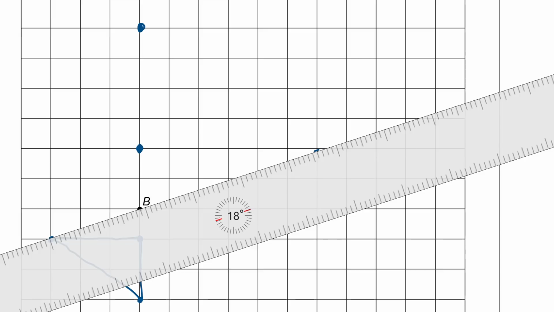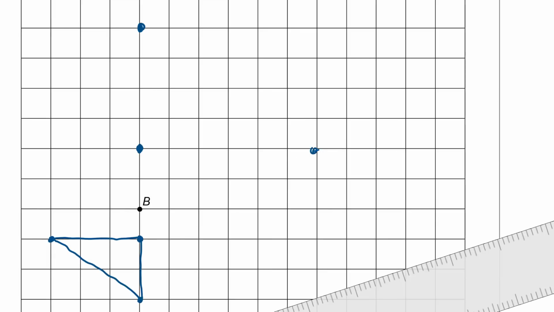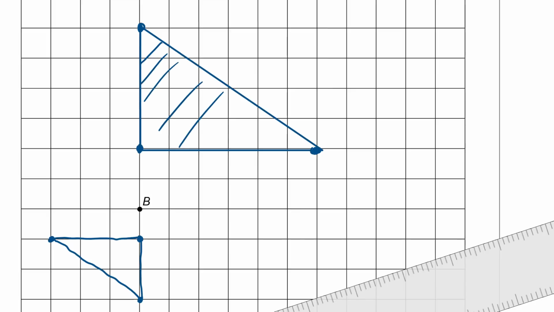It's going to be there. So then again, joining my shape together, my final shape is here.